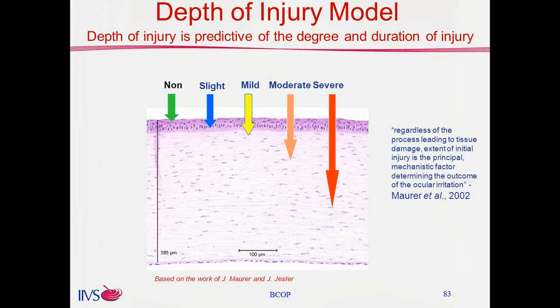And this model comes from Jim Maurer and Jamie Jester, with the concept that they were able to identify that the initial injuries in the rabbit cornea were highly predictive of the likelihood for recovery downstream in the Draize test, such that materials which are non-irritant or slightly irritant typically involved only the rabbit corneal epithelium and were likely to recover relatively quickly, in less than a week or so.